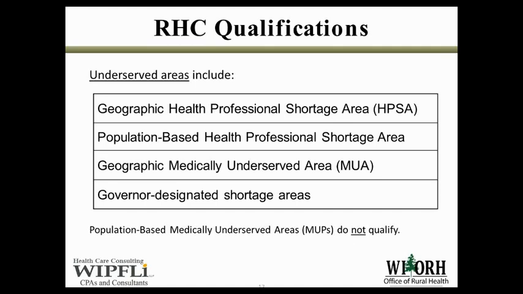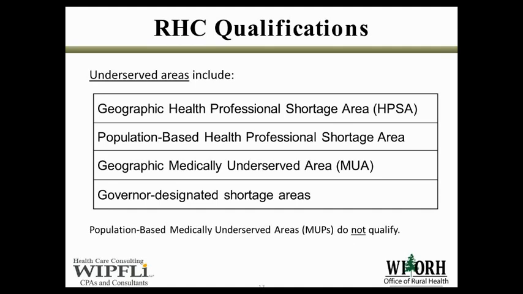The geographic health professional shortage area is just as it states. It is a certain geography, which could be an entire county, a fraction of a county, or a service area that has been determined to have a shortage of primary care health professionals in it.